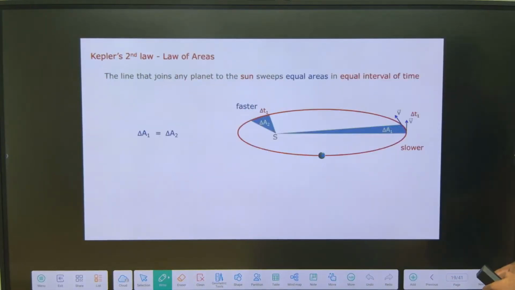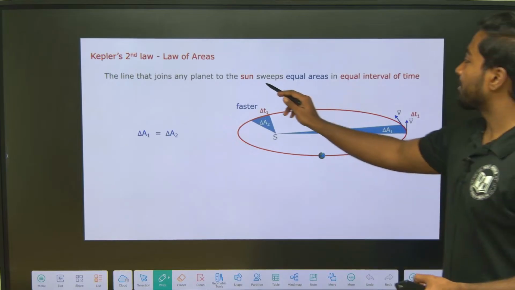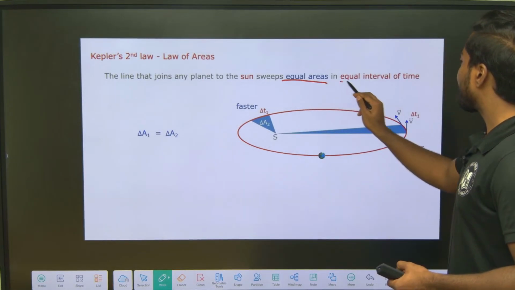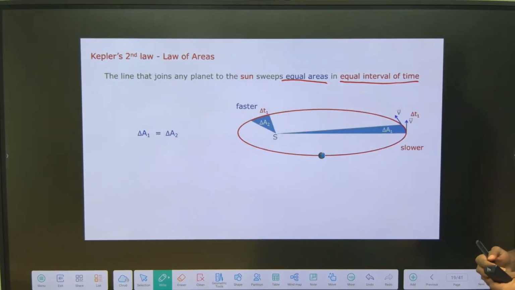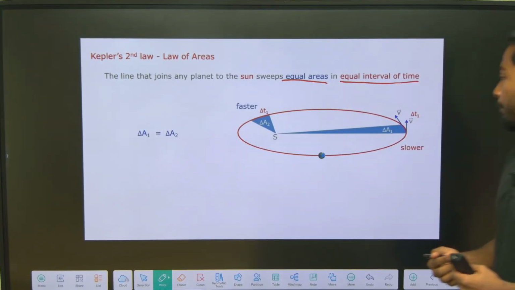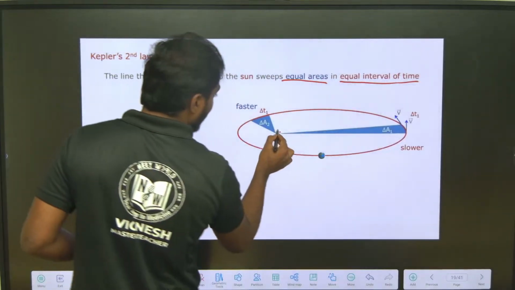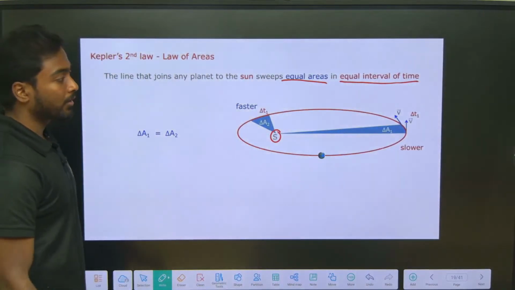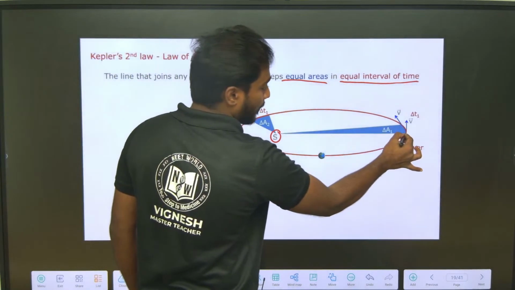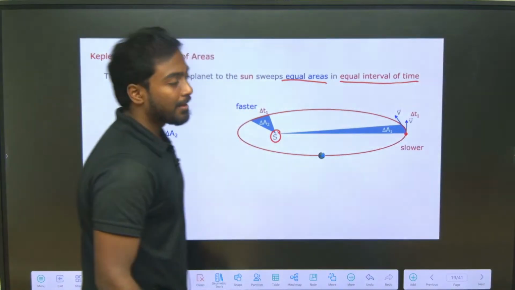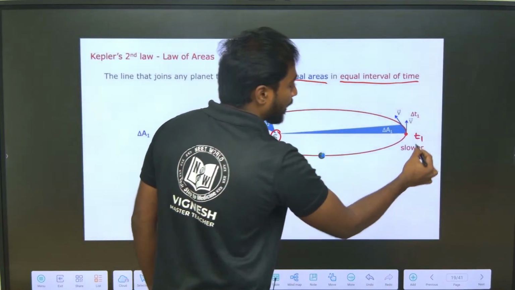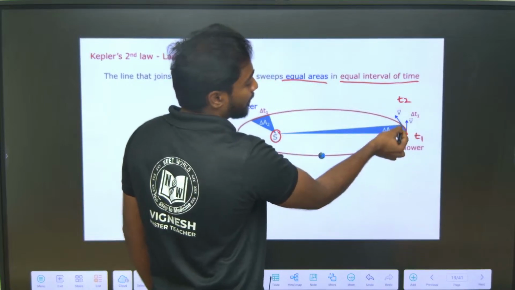The second law is nothing but: a line that joins any planet to the sun sweeps equal area in equal intervals of time. Suppose the sun is located here. Initially the planet was here at time t1, and at time t2 the planet was here.